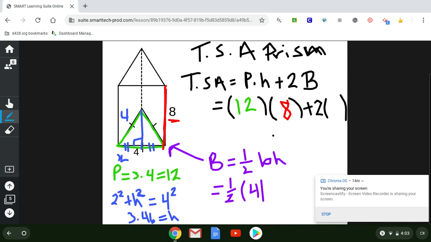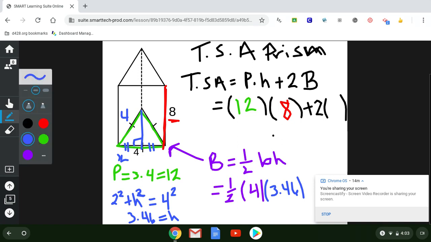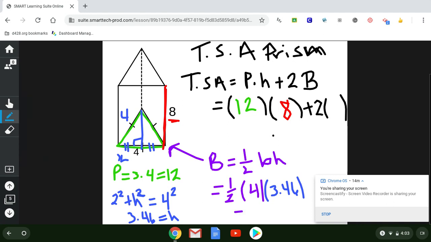That is what h equals. So over here, I'm going to multiply by 3.46. So 3.46 times 4 divided by 2. And that is 6.92.